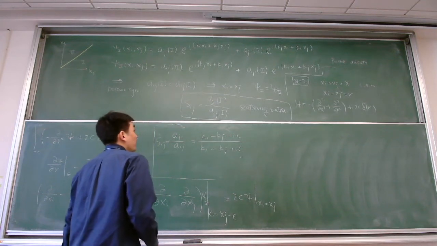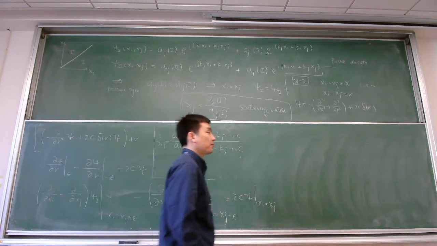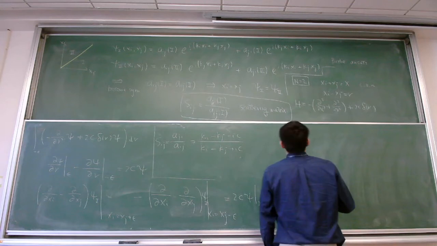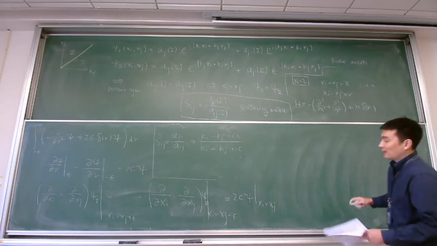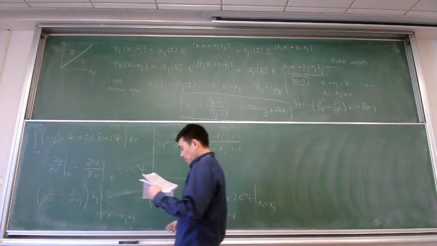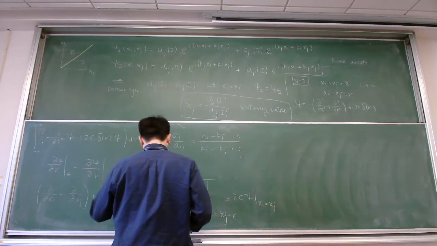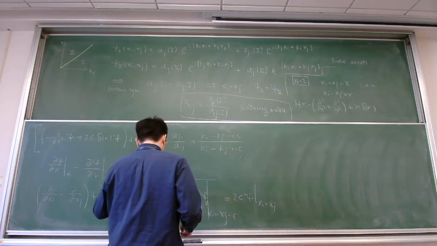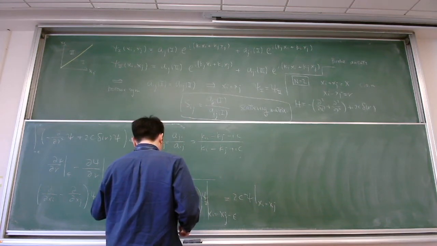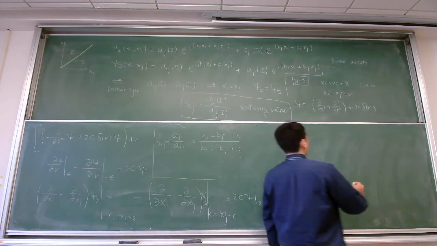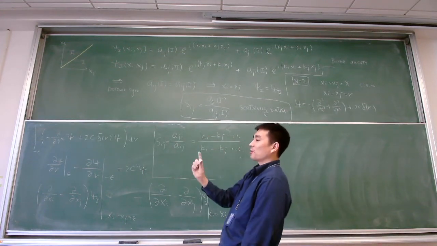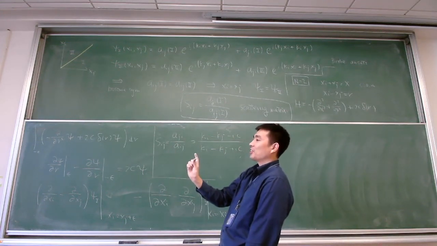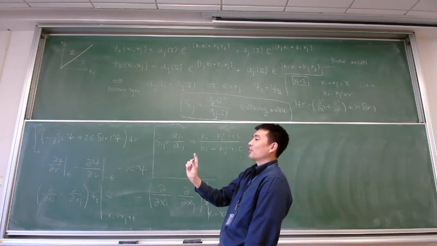If the system is periodic, you cannot distinguish i and j.